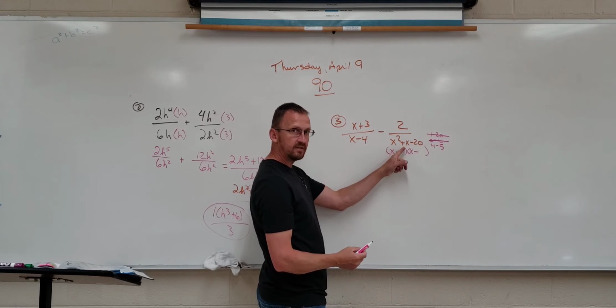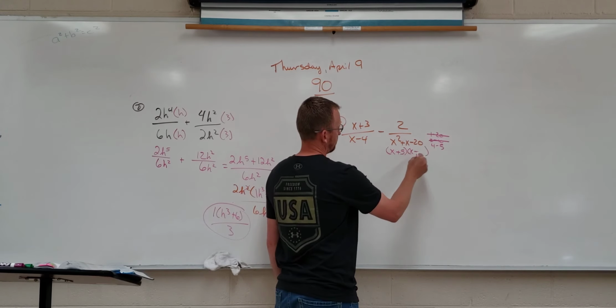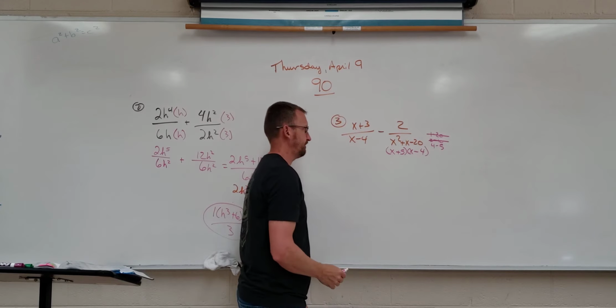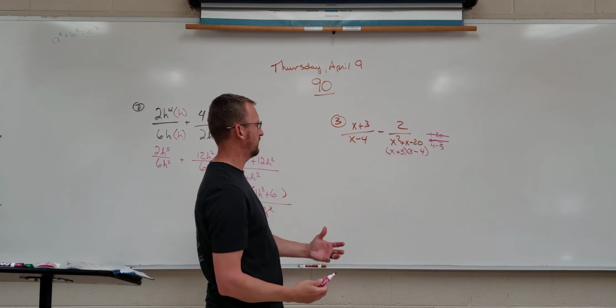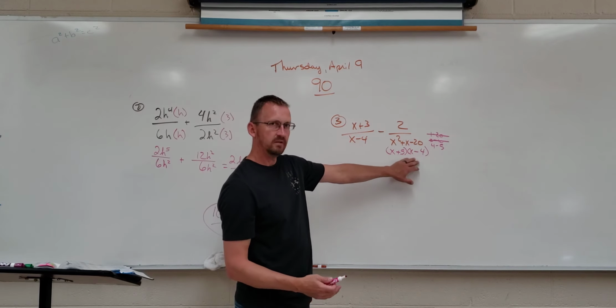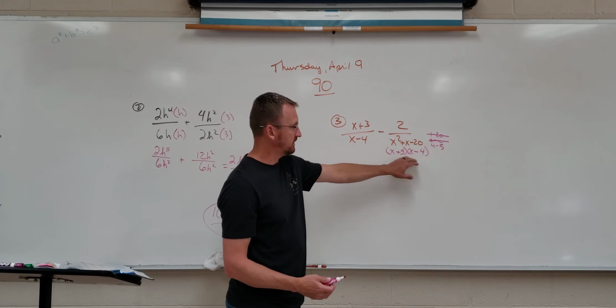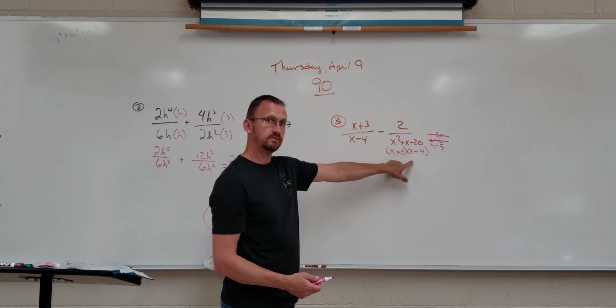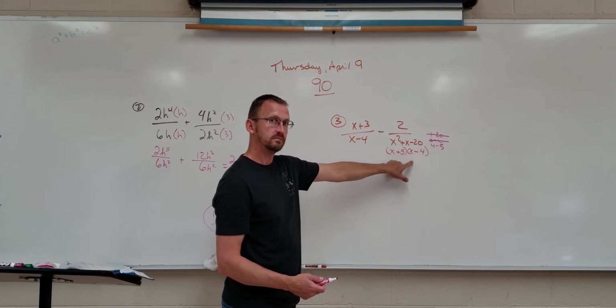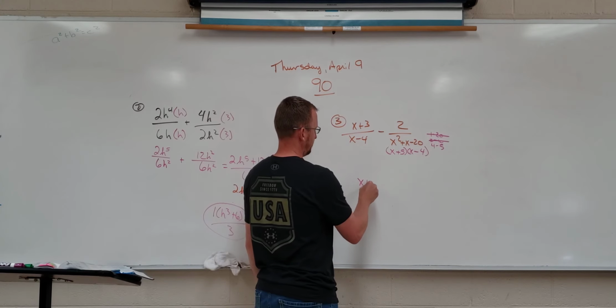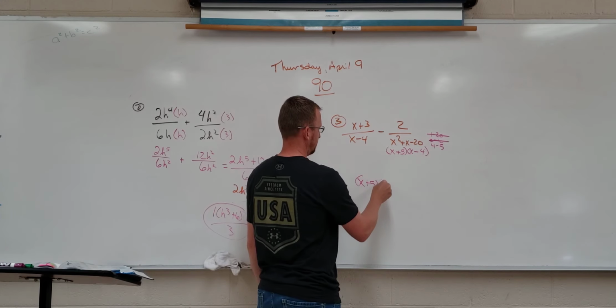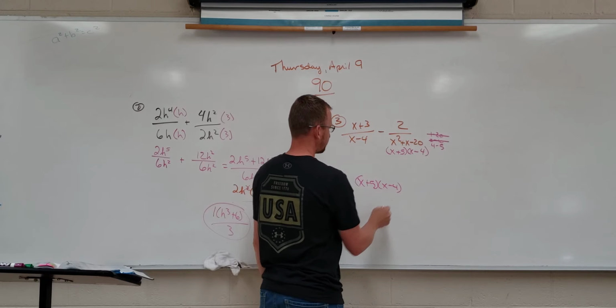I need a positive 1, so positive 5 minus 4. So, common denominator. What's going to be our common denominator if we have this and this? Well, this is included in that. So the combination here is our common denominator. X plus 5 and x minus 4.